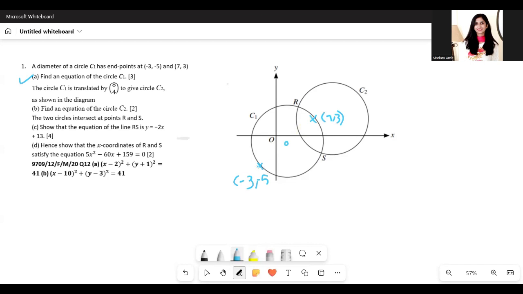So the midpoint or the center of the circle C1 would be, add both the x's divided by 2, add both the y's, divide by 2. I've applied the midpoint formula. So that's going to be 4/2, which is 2, 2/2, which is 1. So that's the center, 2, 1.